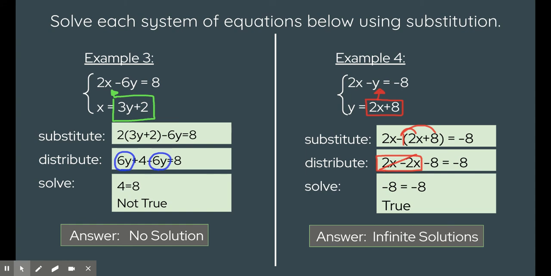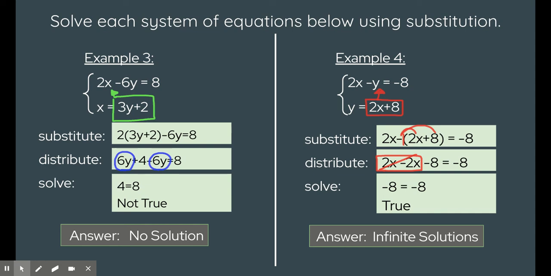We've seen no solution and infinite solution several times this year now, so it should be pretty familiar. Just realize it's okay if your variables go away. It actually makes a lot less work for you because you kind of get to skip the last 2 steps and just write no solution or infinite solutions.